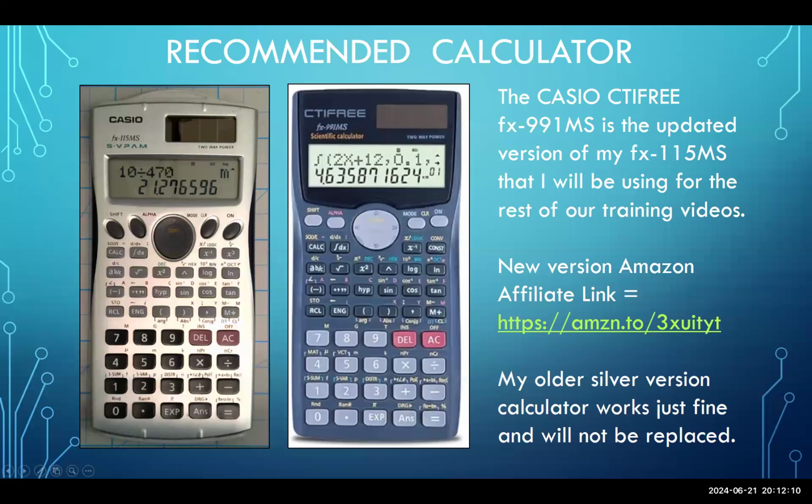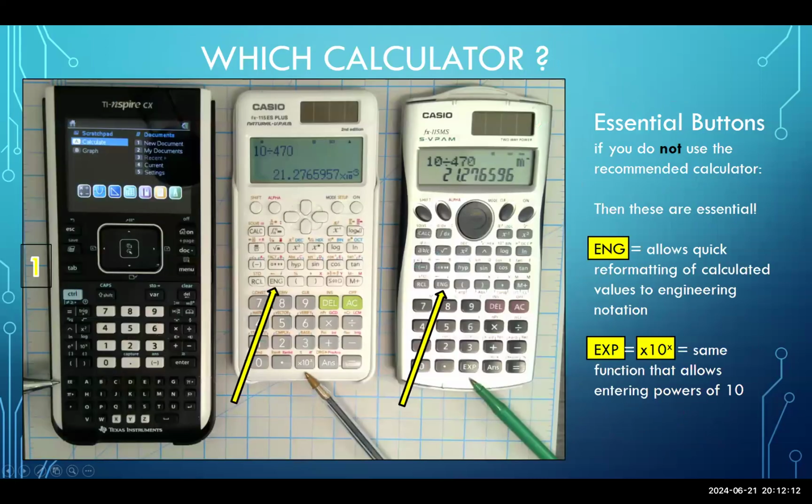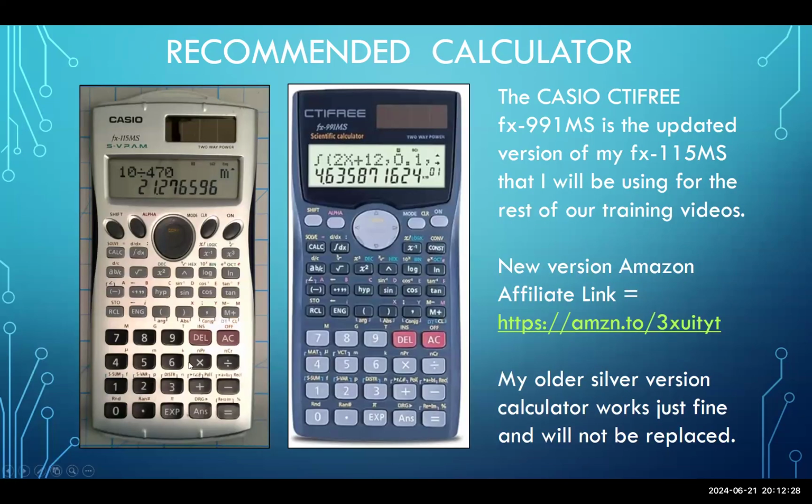If I go back just a moment to the previous one, it does not exist on this calculator in the middle. You have to go through a few more steps in order to enter a value known as kilo or milli or micro. Whereas on the recommended calculators, the buttons are already designated as the second function.